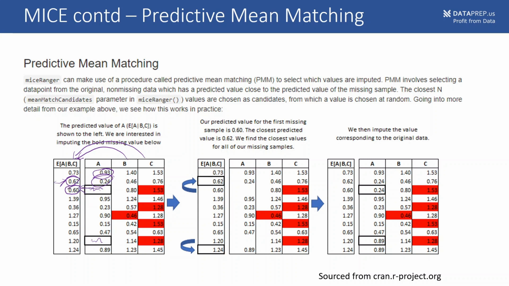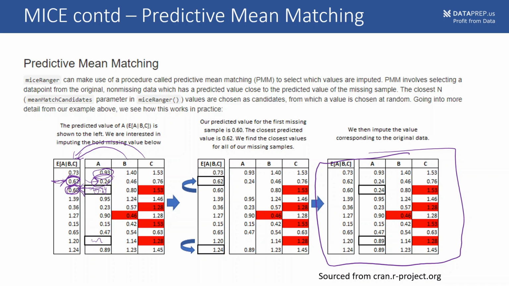So for this particular cell, we have an estimate of 0.60, and another cell that has an estimate closest to it, 0.62, is the second observation here, which carries a value for A of 0.24. So we will use the value of 0.24 for this particular cell. And we continue this way and finally get to an estimate of all of our missing values.